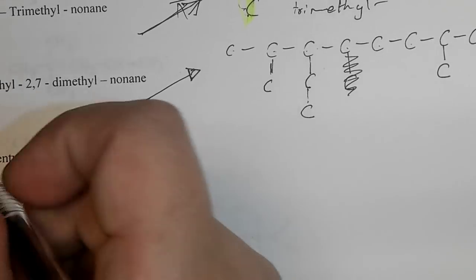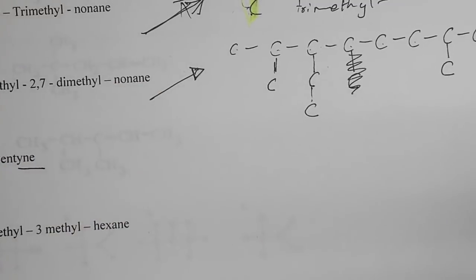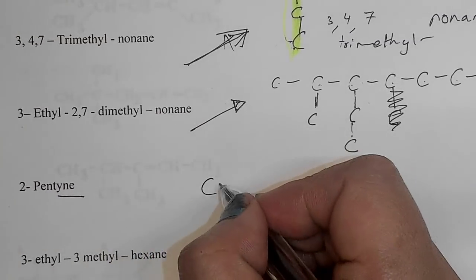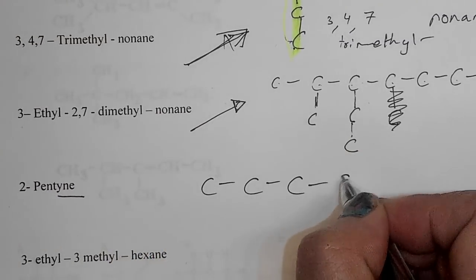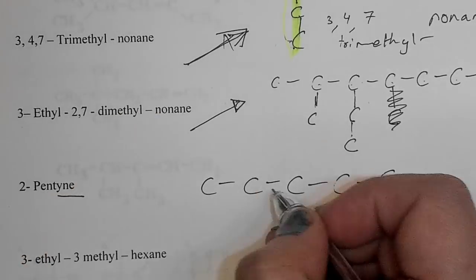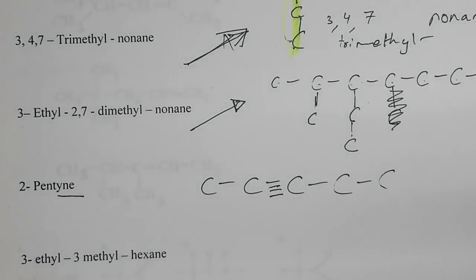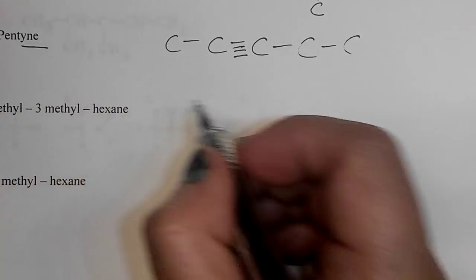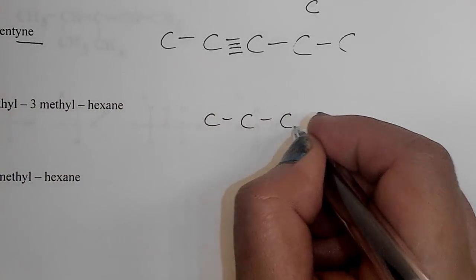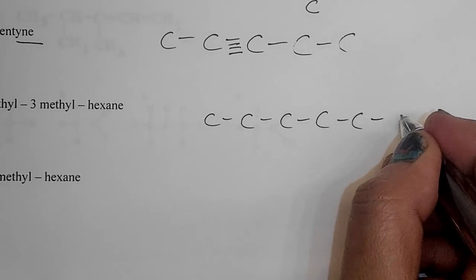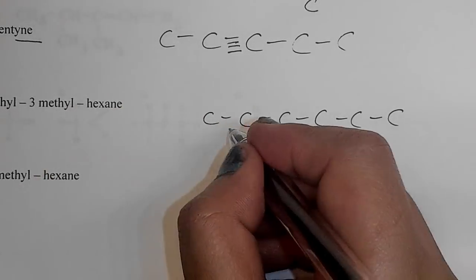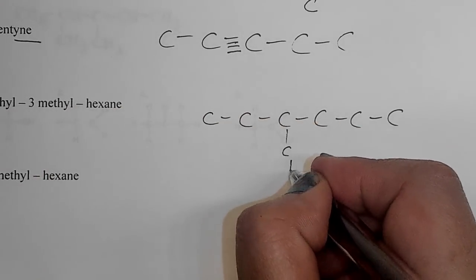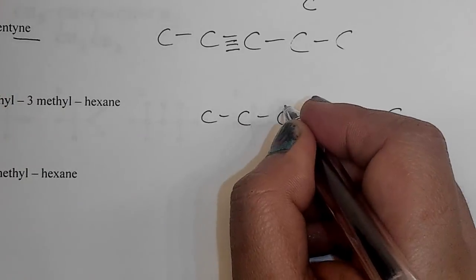Okay, pentyne, Y-N-E. That means a triple bond. 2, 3, 4, 5. 2-pentyne, the triple bond is between 2 and 3. Okay. 3-ethyl, 3-methyl hexane. 1, 2, 3, 4, 5, 6. 3-ethyl. 1, 2, 3. 2 carbons. 3-methyl.